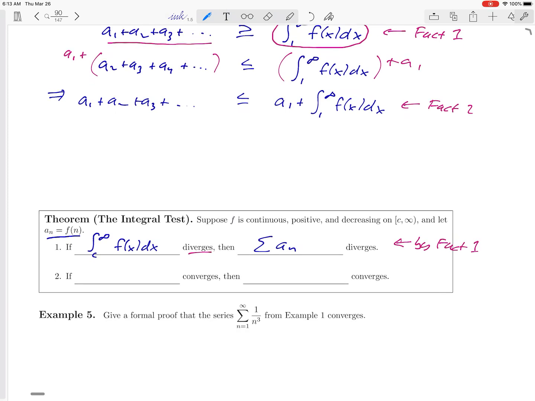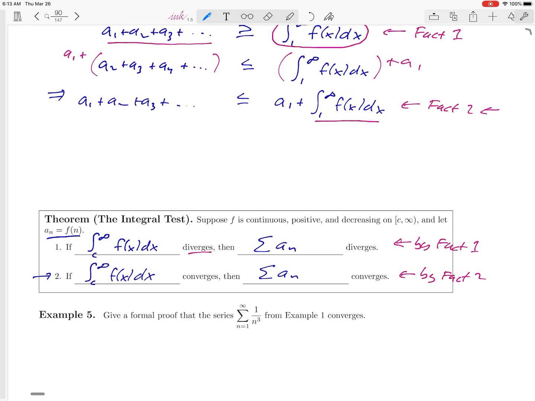It turns out it goes the other way as well. Part 2 of the integral test says that if, on the other hand, the improper integral converges, then the series will also converge. I claim that we can recover this statement by thinking about fact number 2. Let's see if we can convince ourselves of this. In statement 2, we are assuming that the integral converges.